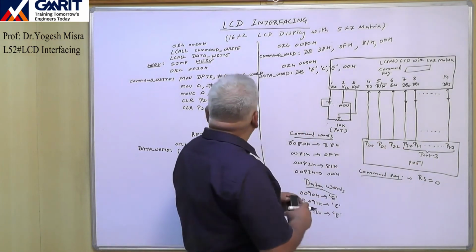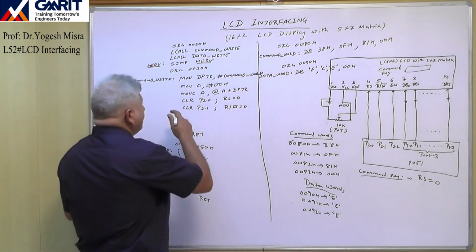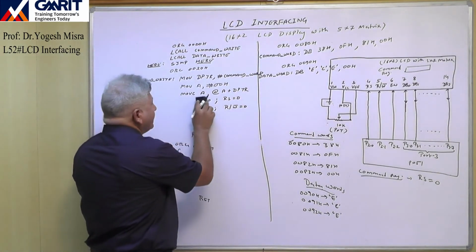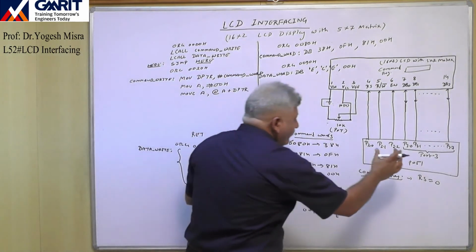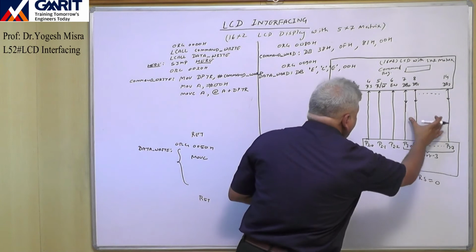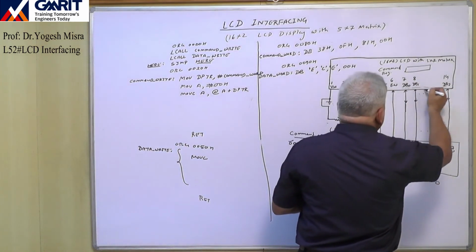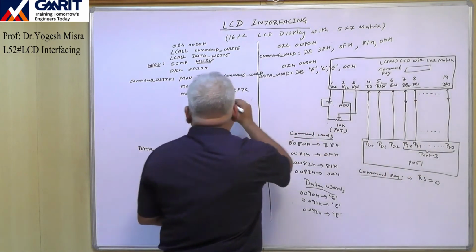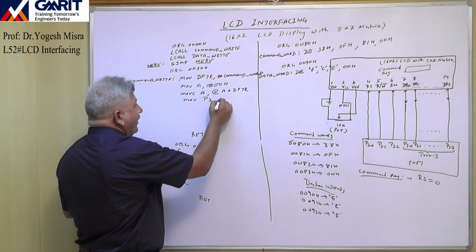Yes, before this, one step we missed here. Whatever is the value of A, we will transfer that value to port 3 so that it is available over the data bus of the LCD. So I will write here MOV P3, A.